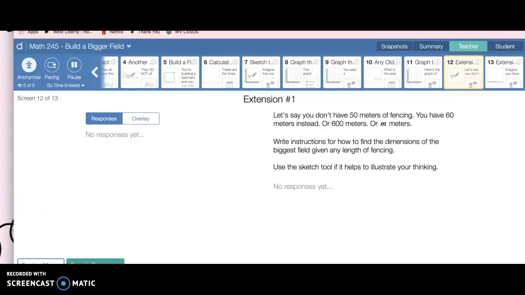Looking at their responses, we could look at the different approaches to see if everybody is following the same format that we just went through, and have the students share with each other what they're doing to see if they can make a connection among the different approaches.